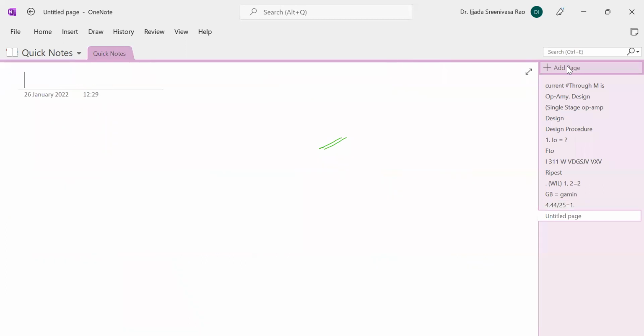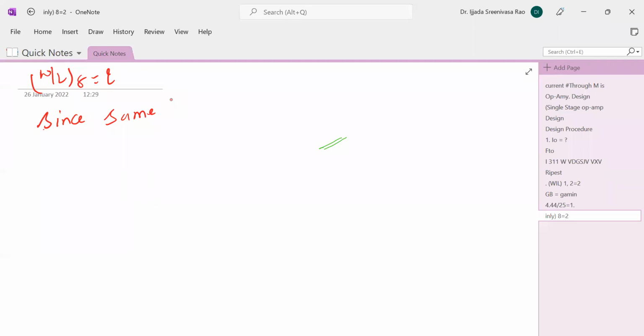Last one is M8. So W by L of 8 is equal to how much? What is the current flowing in M8? Same current.